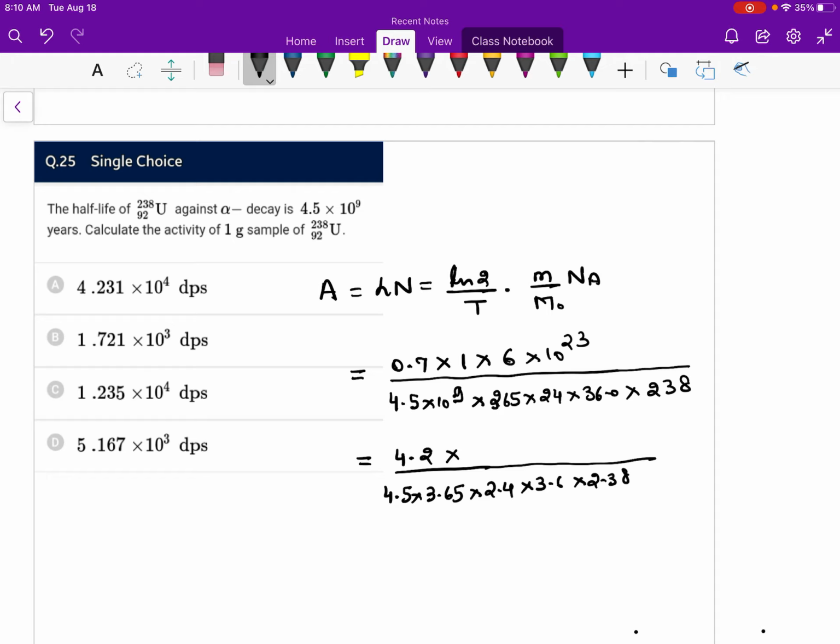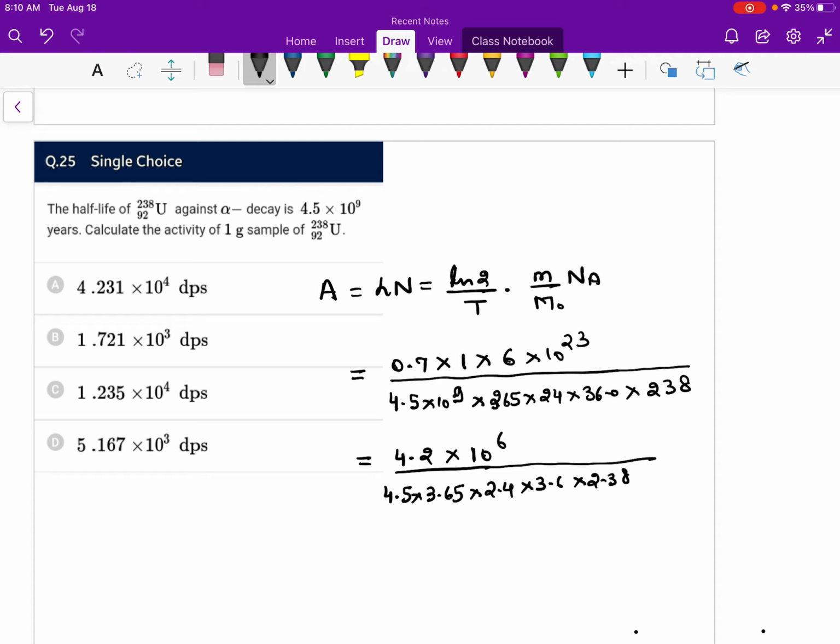First, let's settle the exponents. So 10 to the power 23 upon 10 to the power 9, 10 to the power 11, 10 to the power 12, 10 to the power 15, 10 to the power 17. So into 10 to the power 6. Okay, now let's try to approximate it. So 4.5 into 3.